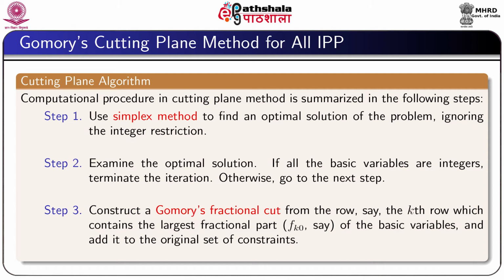Otherwise, we proceed to the next step. Step 3, we construct a Gomory's fractional cut from the row, say the kth row, which contains the largest fractional part, say fk0, of the basic variables, and we add it to the original set of constraints.